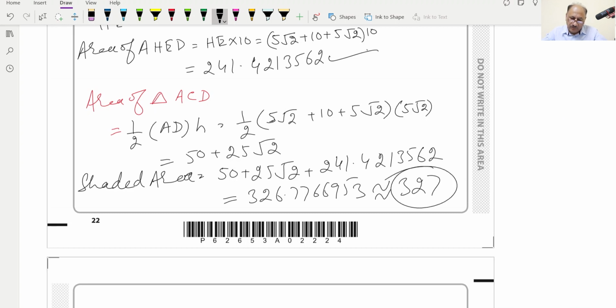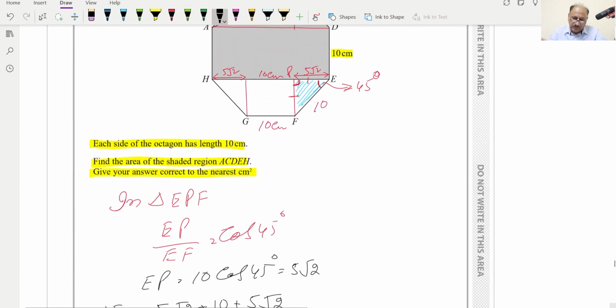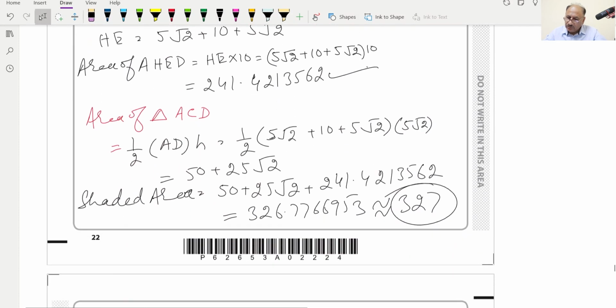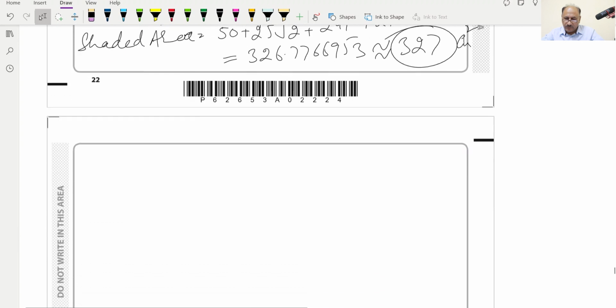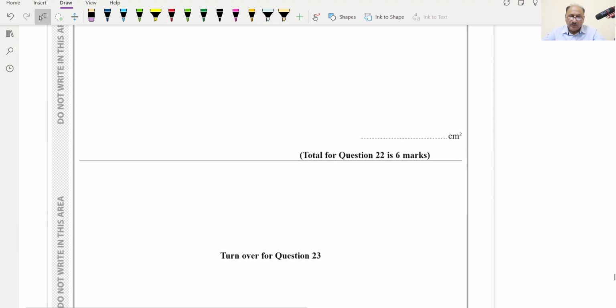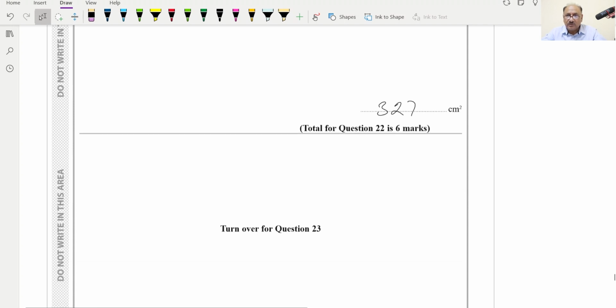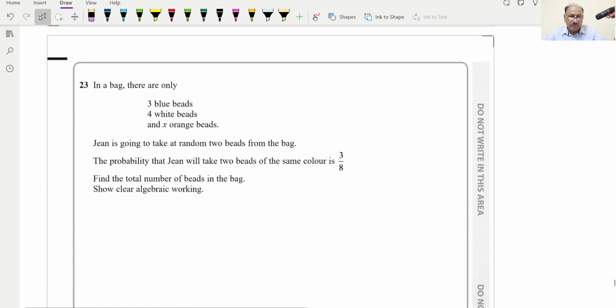This will be our final answer, because they say to the nearest centimeter square. So the answer we can write over here is 327 centimeter square.